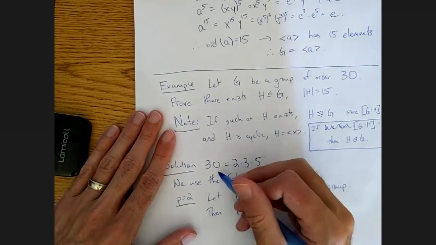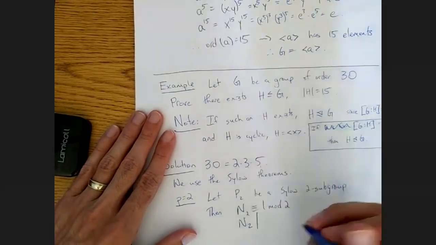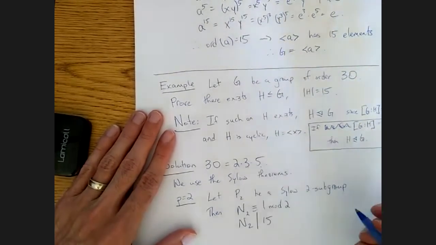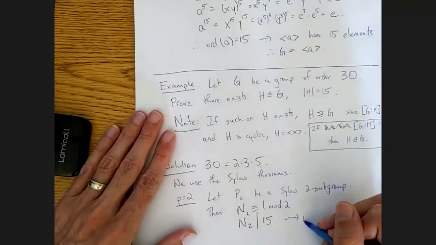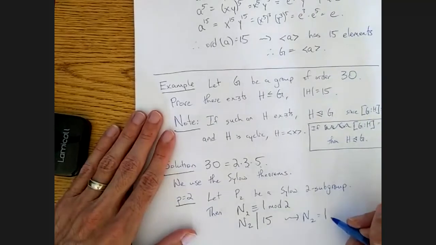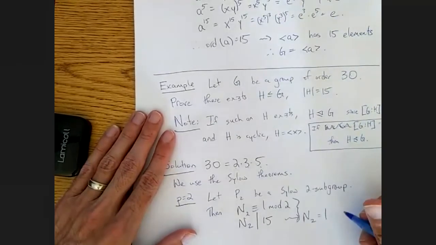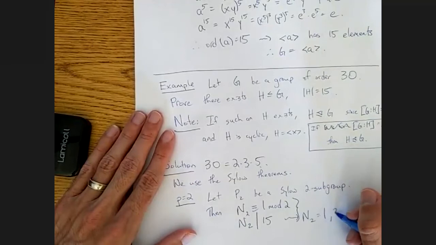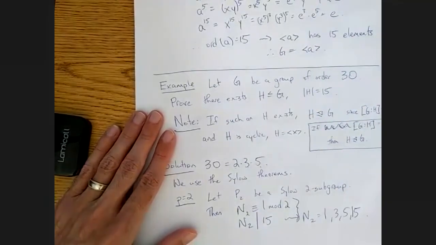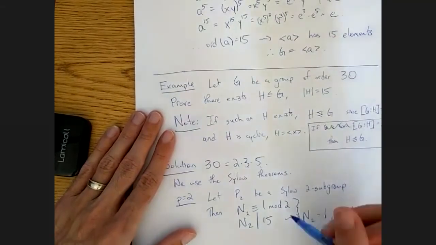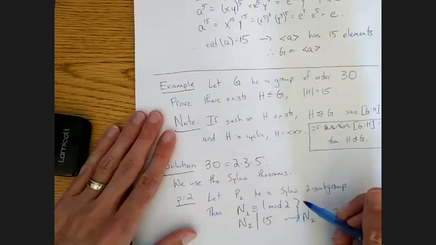If you write 30 as 2 times something, it's 2 times 15, so the number of Sylow 2 subgroups has to divide 15. These two together tell us that N2 is either 1, 3, 5, or 15. Unfortunately, there's no arithmetic that helps us here.